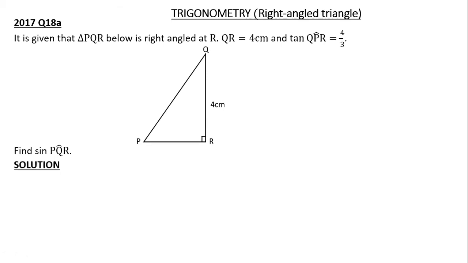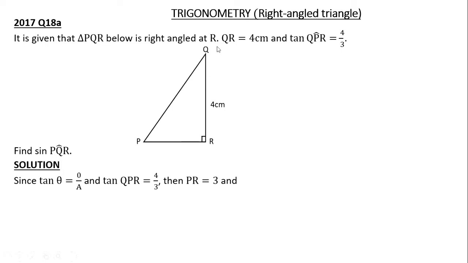So we are going to say, since tan theta equal to opposite over adjacent and tan QPR equal to 4/3, then PR equal to 3 centimeters. And then Pythagoras' theorem states that the square on the hypotenuse is equal to the sum of the squares of the adjacent sides.